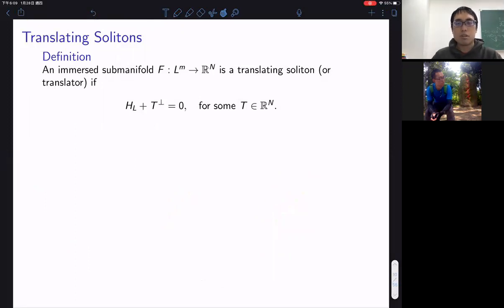Okay, so let me give you the precise definition for the translating solitons. A translating soliton is just a submanifold satisfying this equation. Basically, the mean curvature vector is equal to the perpendicular part of some fixed vector in Euclidean space.